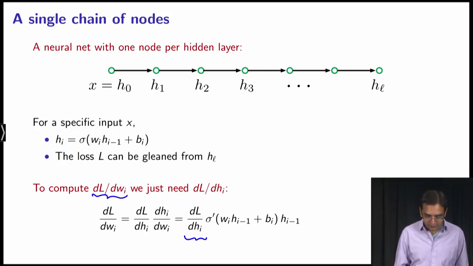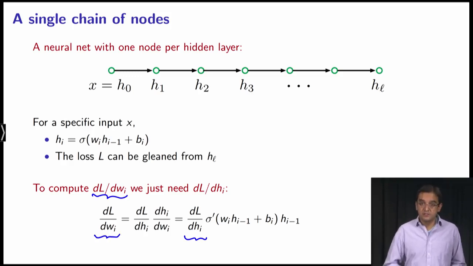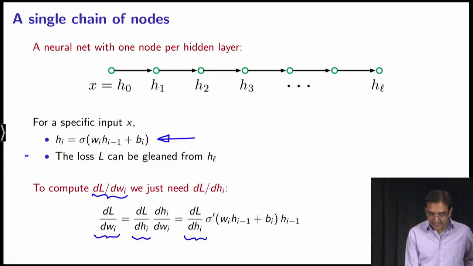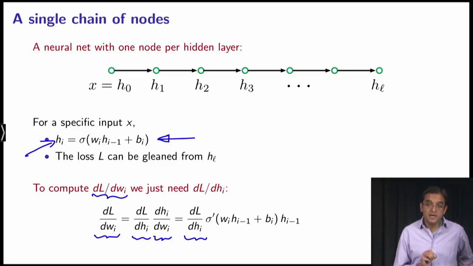Okay, so let's see how this works. So we want to compute the derivative of the loss with respect to Wi, because that's going to tell us how to adjust W sub i. And to do that, let's look at this equation and apply the chain rule. The derivative of the loss with respect to Wi is the derivative of the loss with respect to Hi times the derivative of Hi with respect to W sub i.